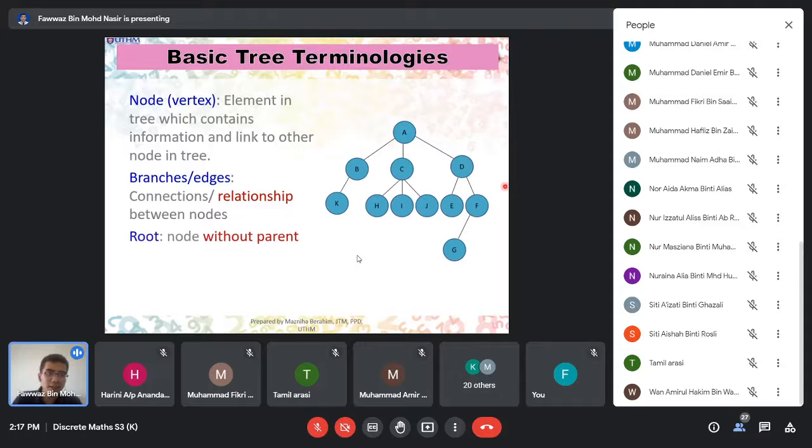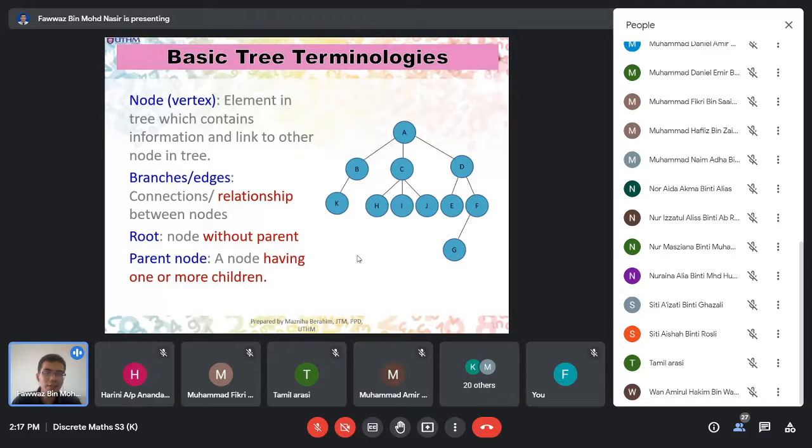Okay, kemudian root adalah a node without a parent. So kalau kita tengok this tree, kita cari node mana yang tak ada parent, dia adalah root. Okay, so dalam case ni node A ni tak ada parent kan, so node A ni adalah root for this tree. Okay, parent node pula adalah a node having one or more child.